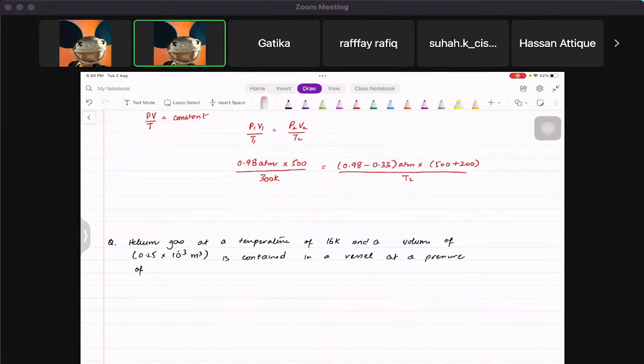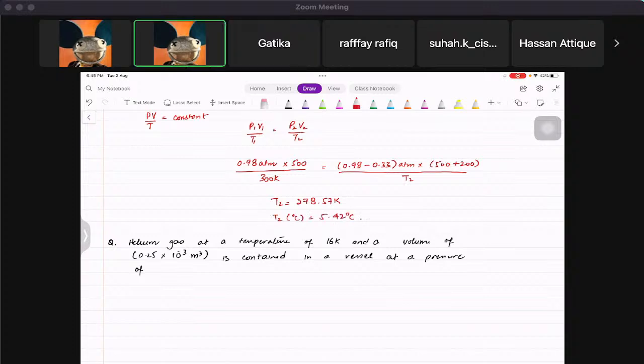I think it should give you like 278.57 Kelvin. Yes, sir. And then you subtract it from 273.15. What do you get in Celsius? 5.4. Yeah. So you need to convert it actually.